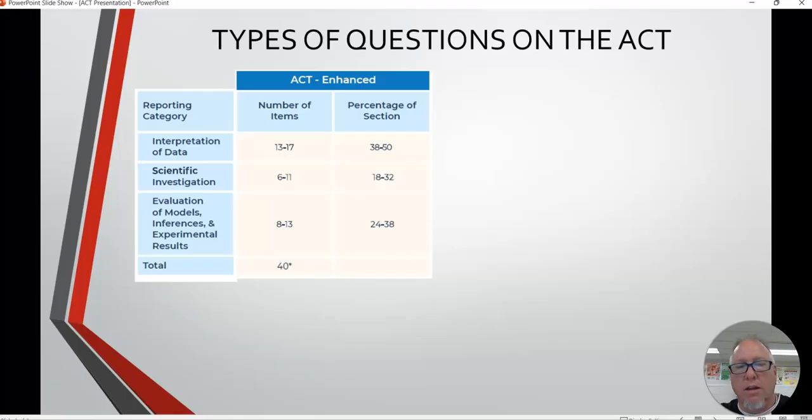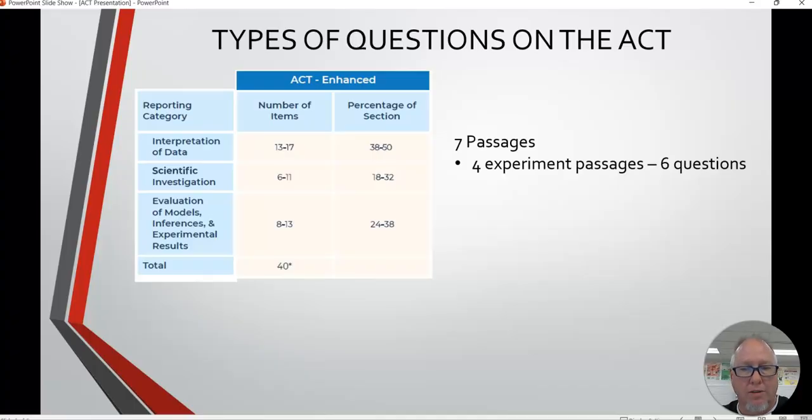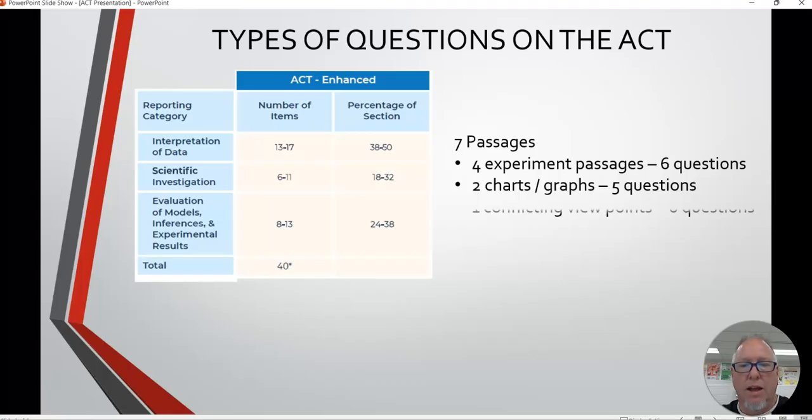Earlier I did say that there are 7 passages. The 7 passages are like parts of the ACT. There's what we call 4 experiment passages, there are 2 charts and graph passages, and there is 1 conflicting viewpoints. When you're reading the experiment passages, each one of those has 6 questions associated with it.